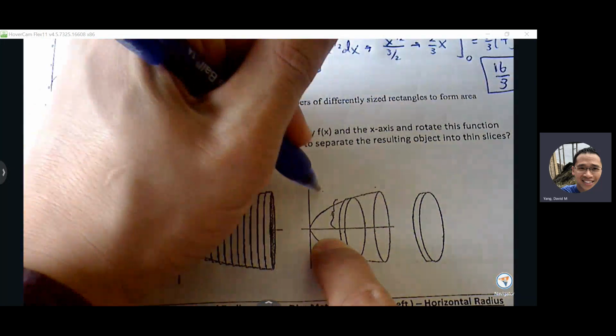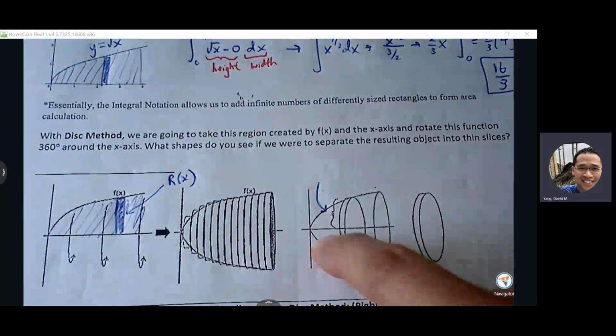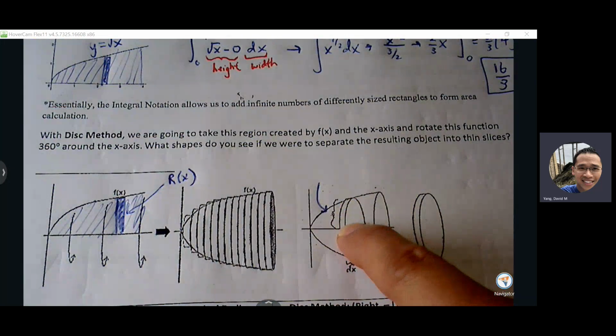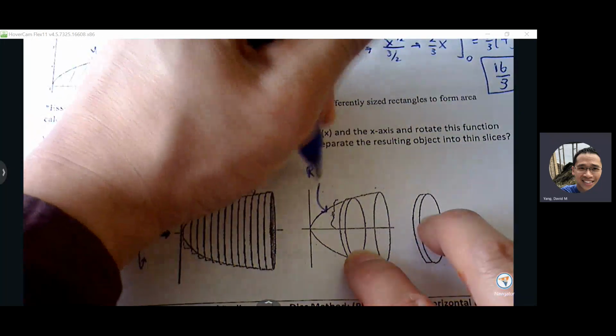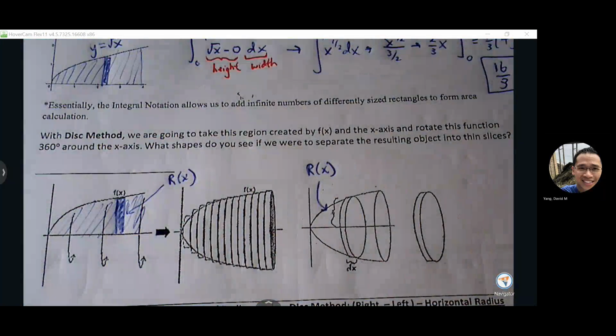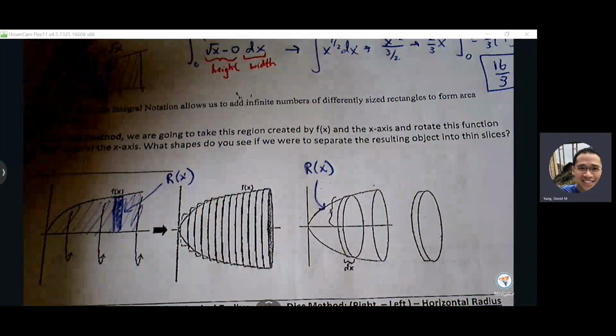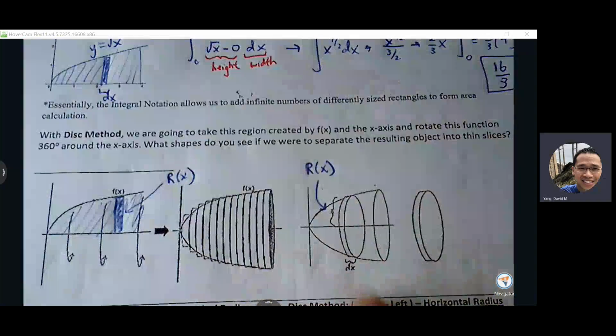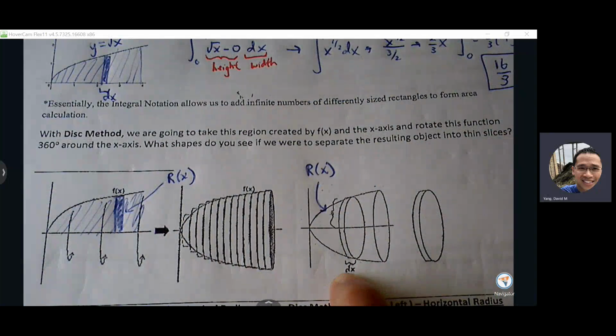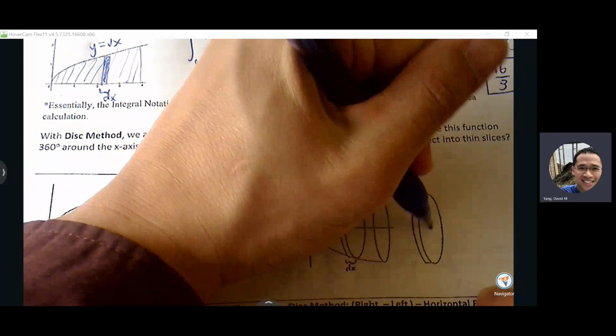So I have this highlighted here. So this now represents the radius of a circle. And before, dx represented the width of rectangles. But now dx is going to represent the width of these circular disks. Okay, so I'm going to go over here again, call this big R of x.